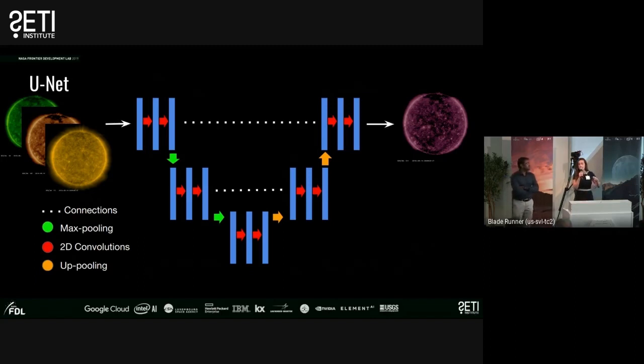The peculiarity of this architecture is the ability to learn large-scale features while maintaining information about the single detail at small scale. That is what we need in this case. We want to leverage features on the surface of the sun and cross-correlation between channels, while maintaining information also at small scale in order to reproduce the wavelength we are interested in and that is missing.